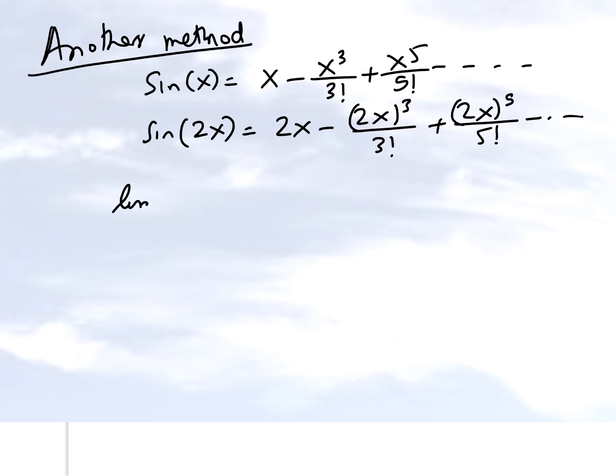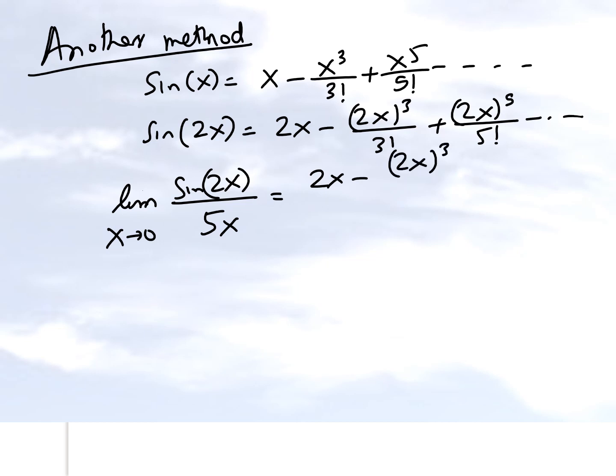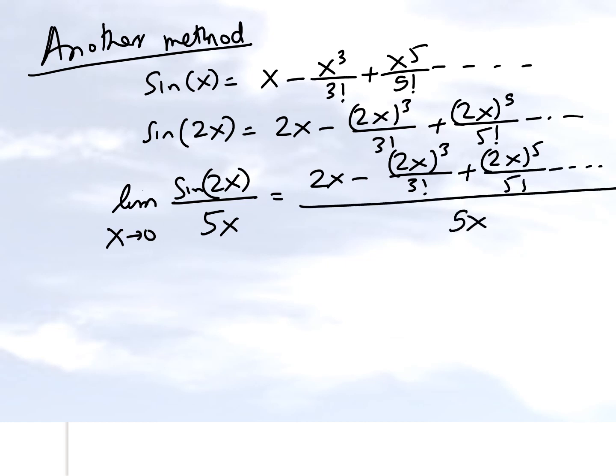So if we look at the limit as x approaches 0 of sine 2x divided by 5x, what we're going to get is 2x minus 2x cubed by factorial 3 plus 2x raised to the power 5 divided by factorial 5, and so on, divided by 5x, as x approaches 0.